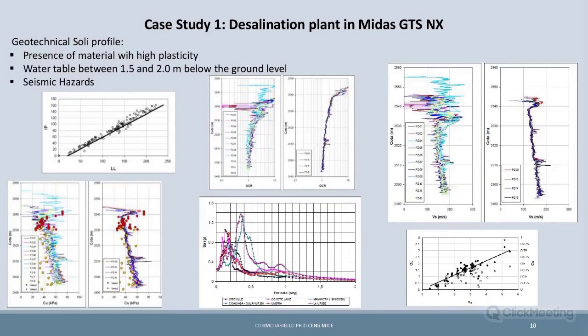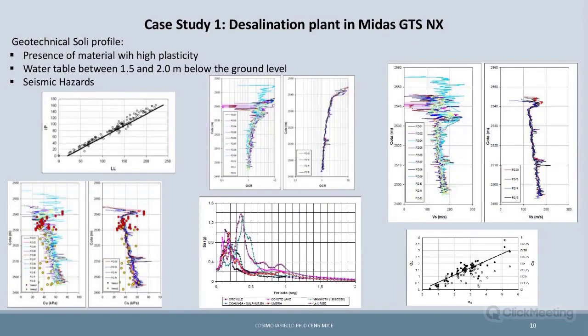This is a material with high plasticity. If you can see here, this is the liquid limit. We are speaking about 100 versus 100 of plasticity index. The overconsolidation ratio is classical of underconsolidated soil, because it goes down from more or less 3 to 1.